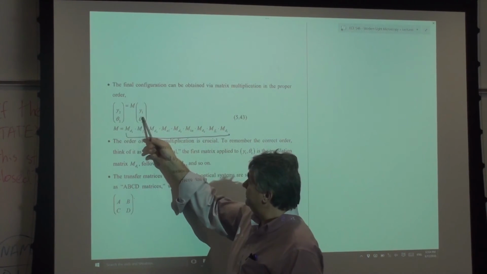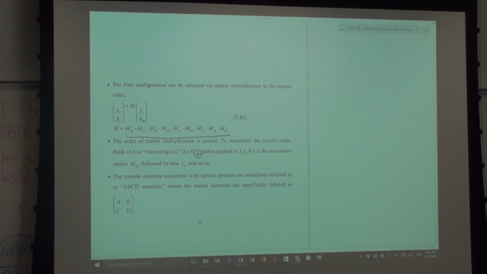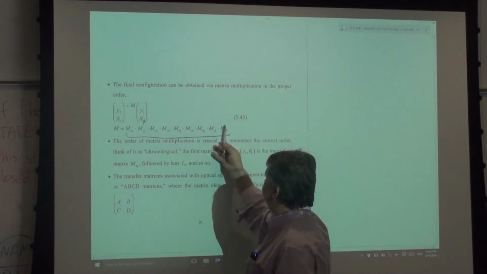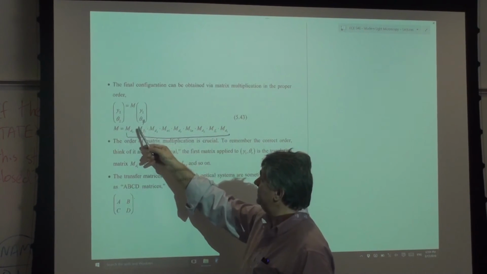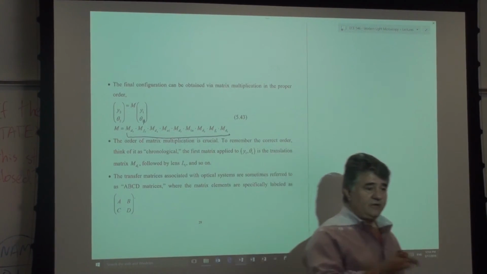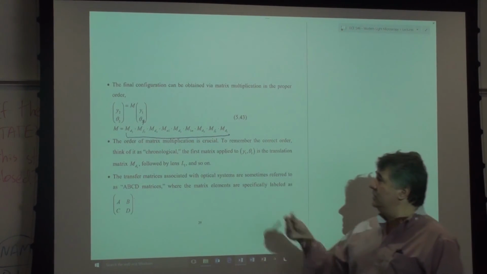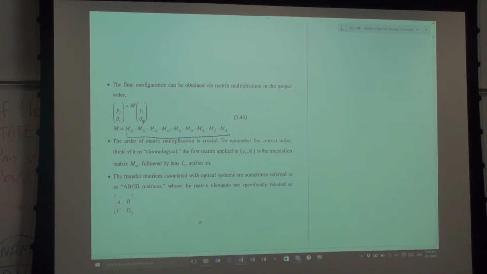So output equals input times, that should be theta 1, right? Times this whole thing. So multiplying 1, 2, 3, 4, 5, 6, 7, 8, 9. I have 9 transformations. The only thing that can go wrong is the order of matrix multiplication.